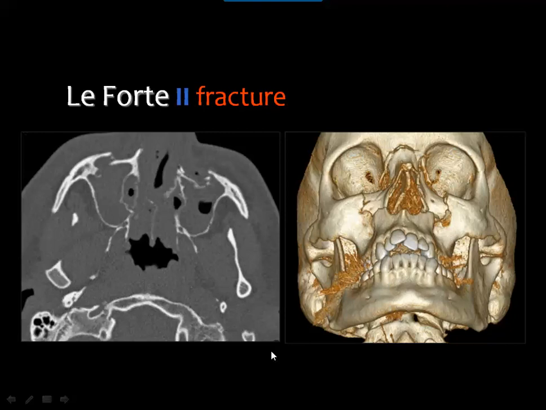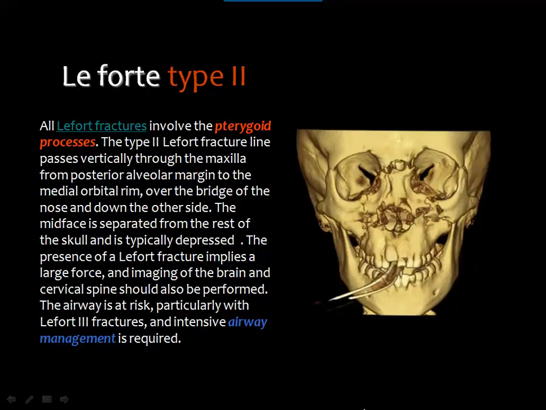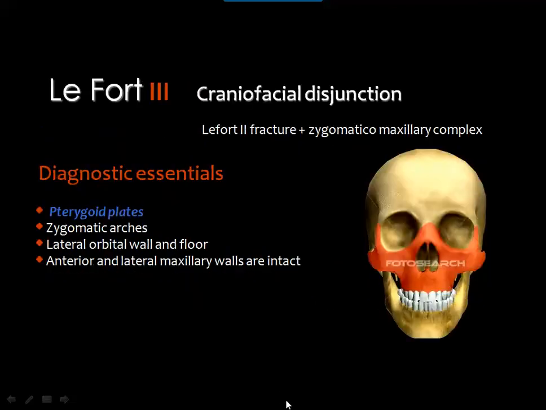But in the axial images, you will see fractures of the anterior and posterolateral wall of the maxillary sinus. You should assess the pterygoid blades for fractures. And this is the classic 3D image of a pyramidal fracture or type 2 Lefort injury. And you see the fracture line and the direction across the face.